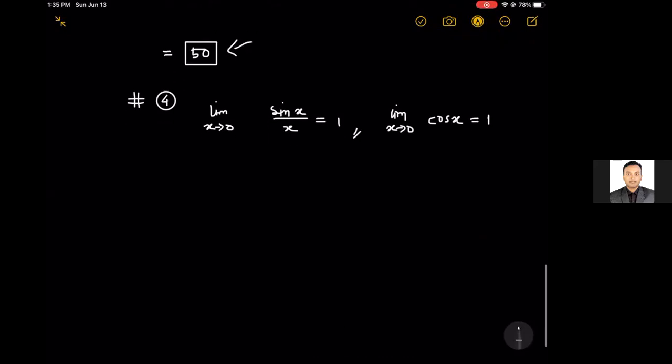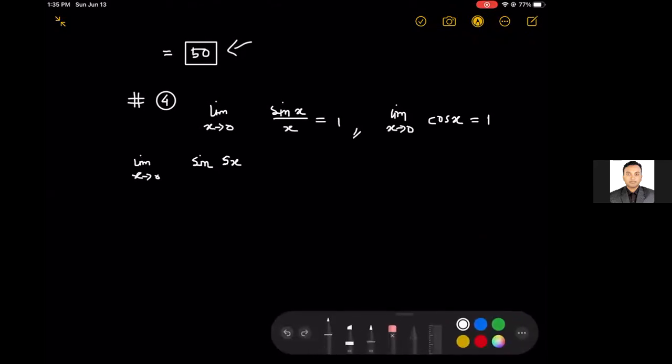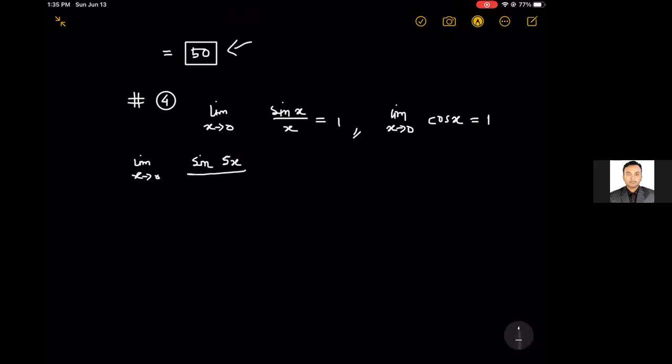Let's see how. Limit x tends to 0. Let's say I have sine 5x over x, and I want to find the limiting value from it. What should you do?